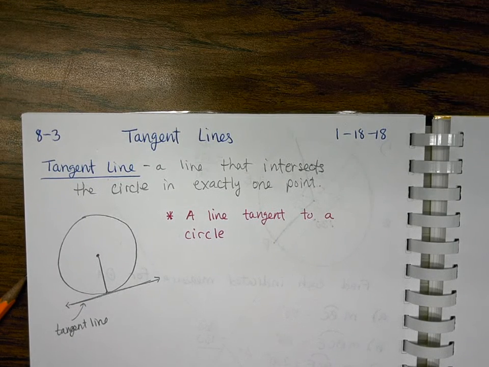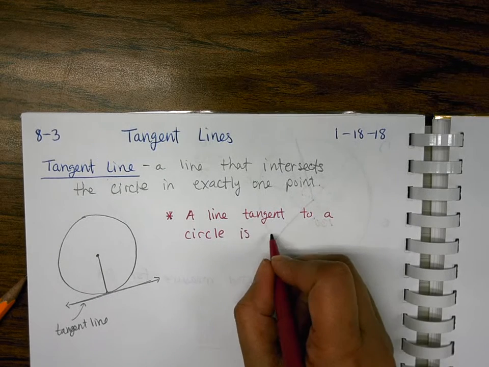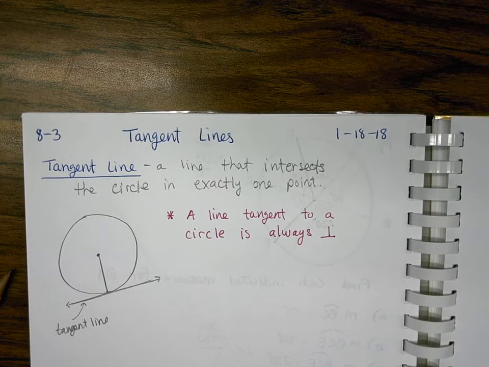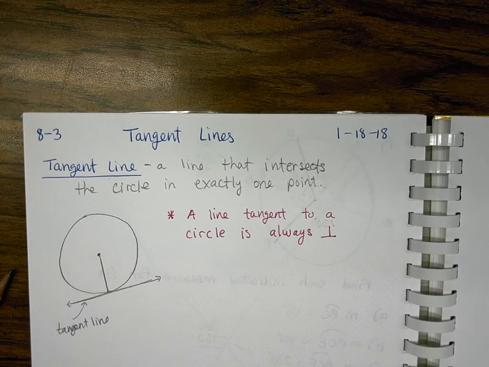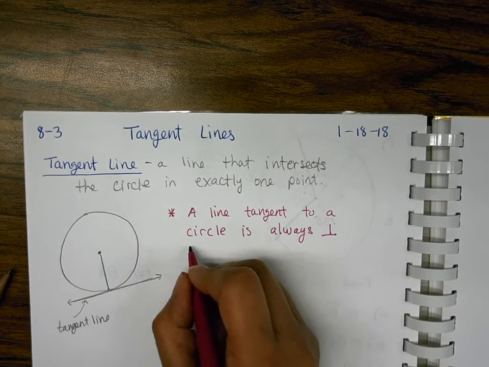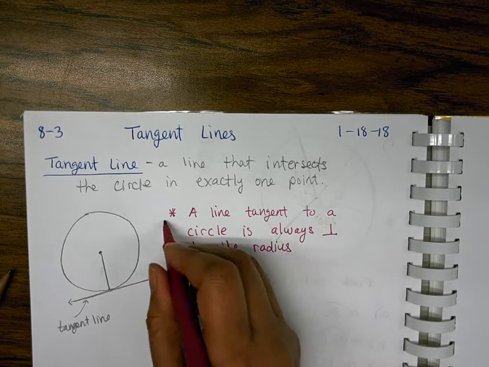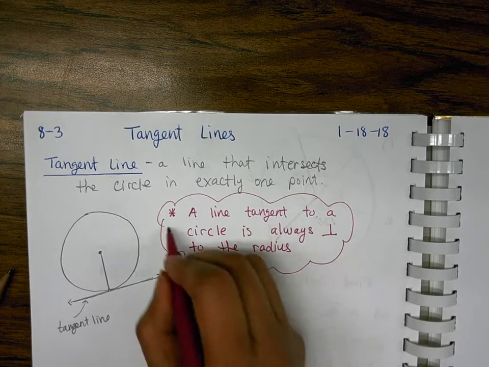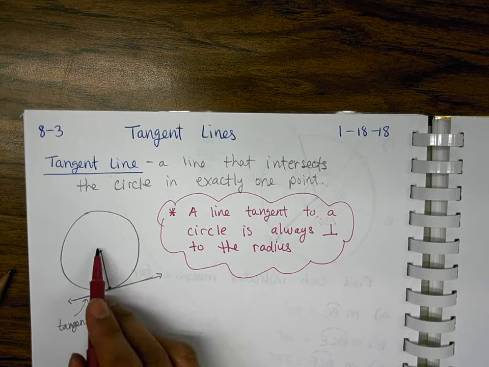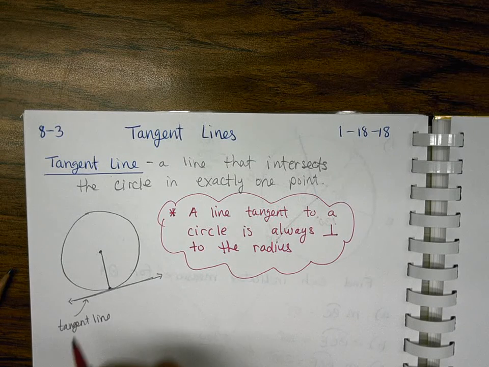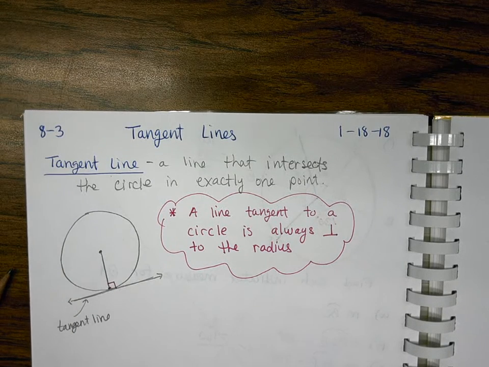A line tangent to a circle is always, the upside down T means perpendicular, perpendicular to the radius at that point. So this is the point where the radius touches the circle. Then this tangent line at that same point will always be perpendicular to the radius. Important information.